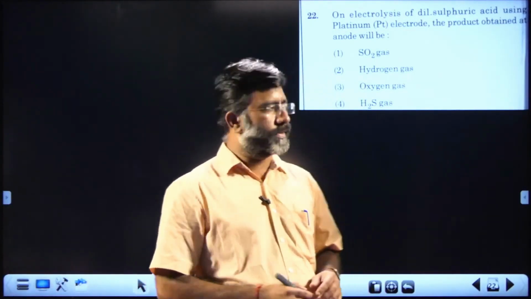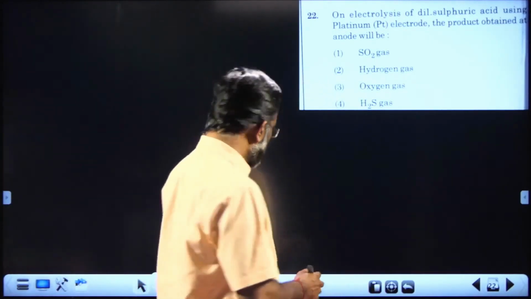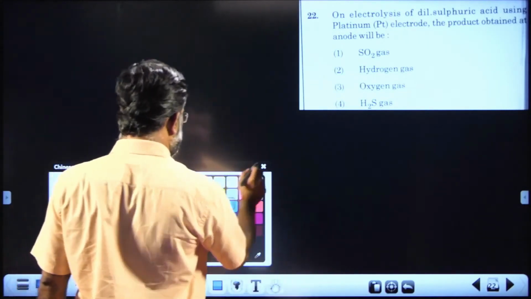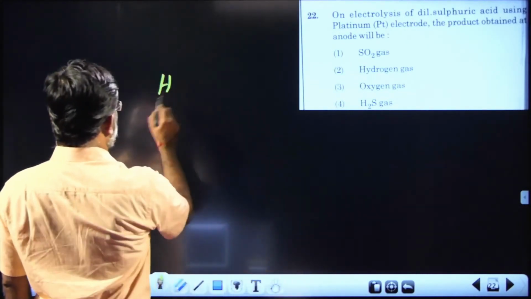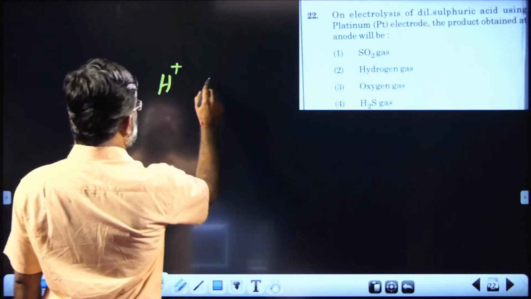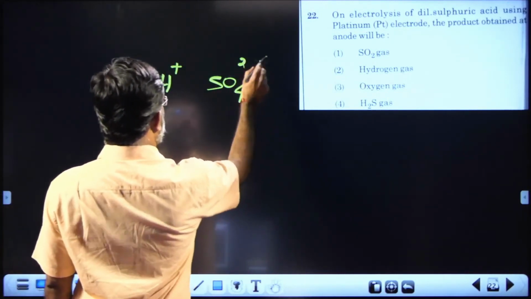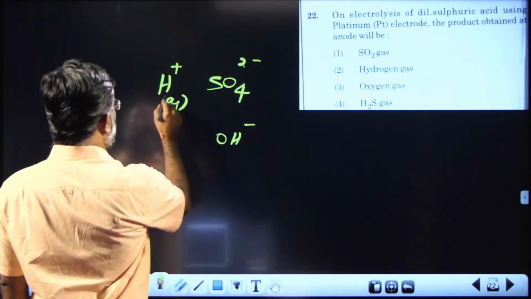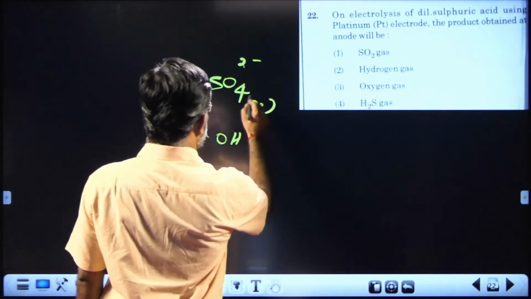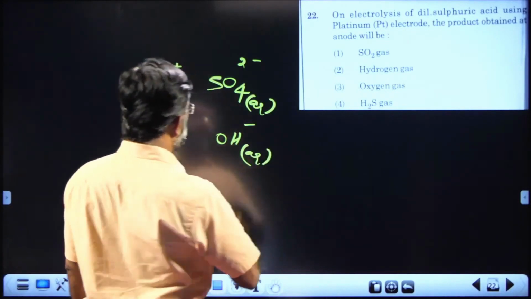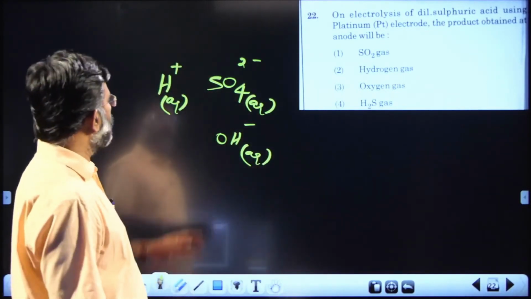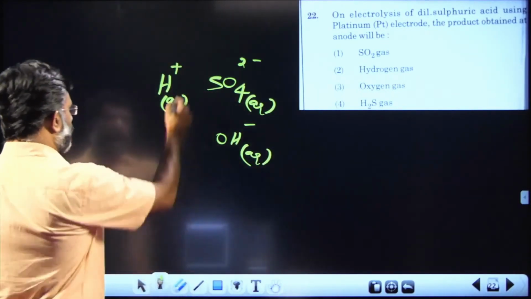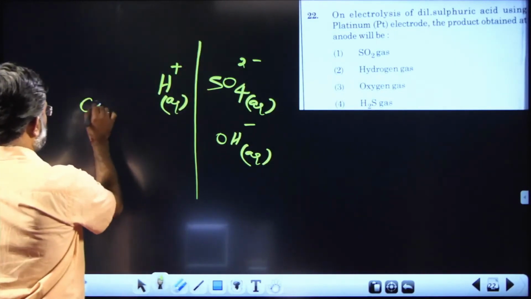Dilute sulfuric acid upon electrolysis has H+, SO4 2- and OH- available in the solution.